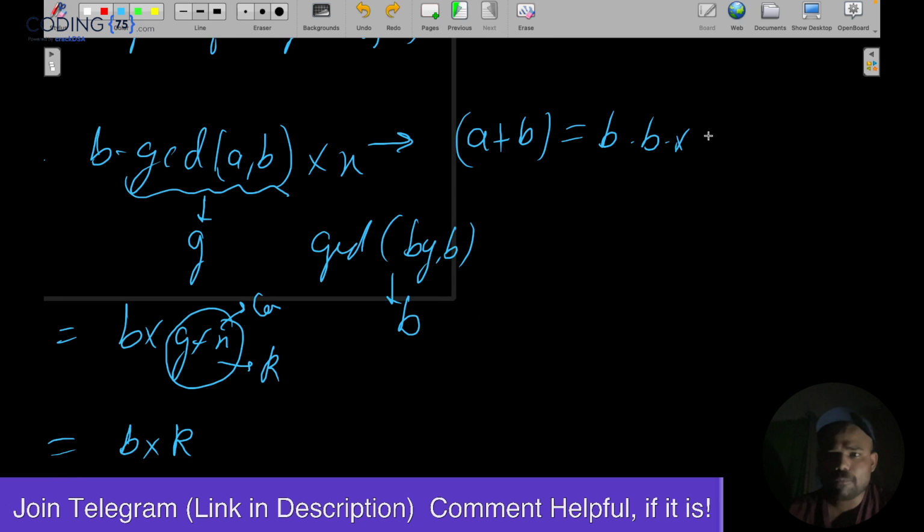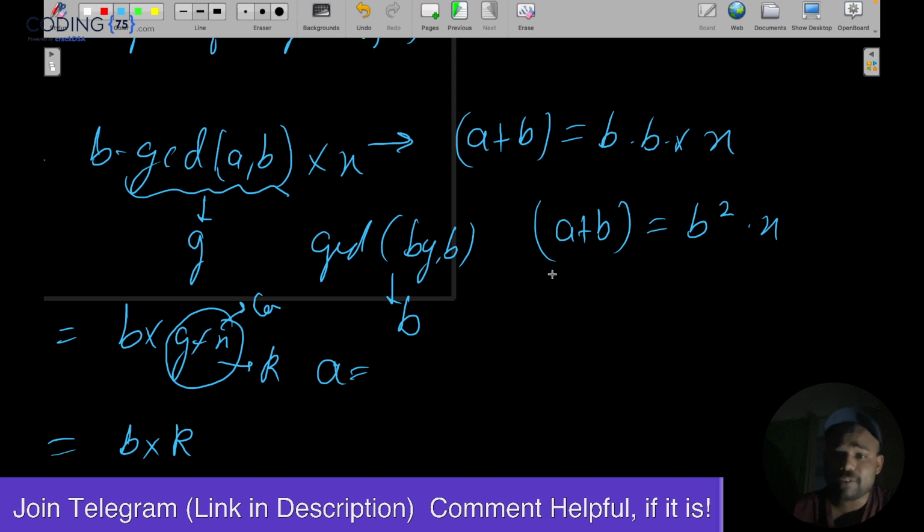Now what we will do is, we will say A plus B is equal to B square into X, and we know that we have taken A as a multiple of B, so A is BY.